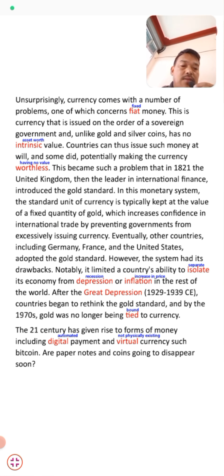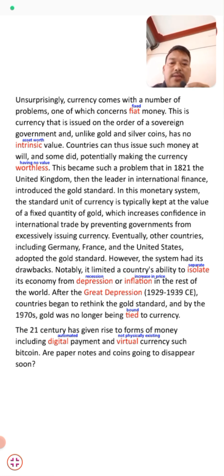After this major economic downfall, the so-called Great Depression, which started in 1929 and lasted until 1939, countries began to reconsider their use of the gold standard. Then they started rethinking this monetary policy, and by the 1970s, gold was no longer associated with the currency.